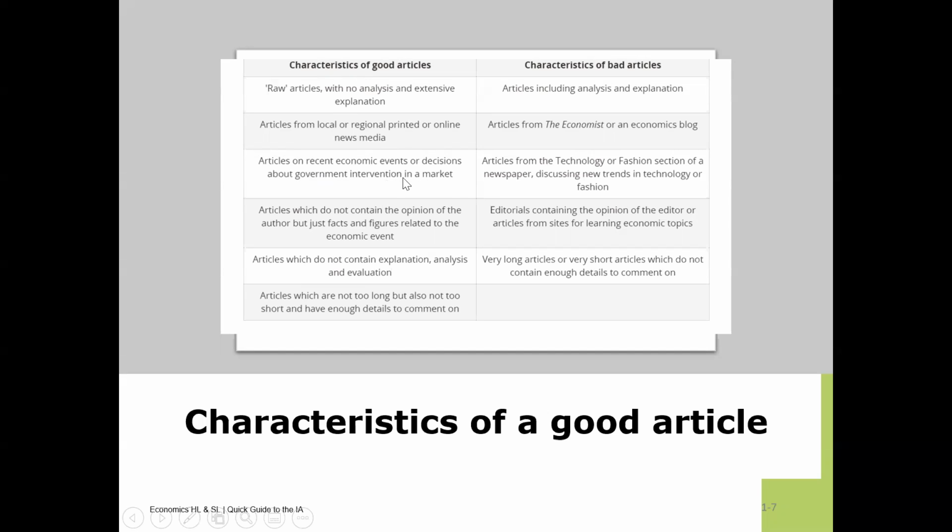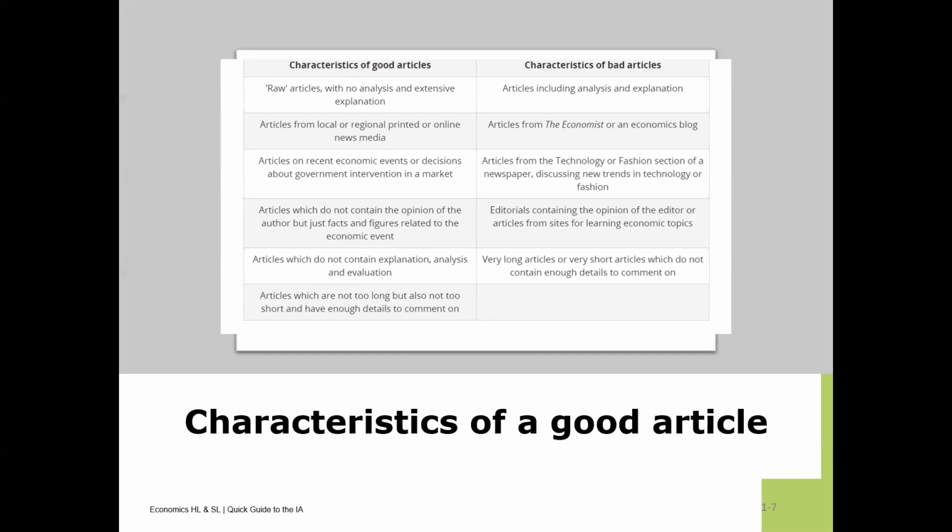Recent events or decisions. So we have tons of recent stuff here. COVID's the big one, the impact of COVID on business. We've got the face masks, we've got vaccination, hand sanitizer, all these different things. Don't go for opinion articles, go for facts and figures.